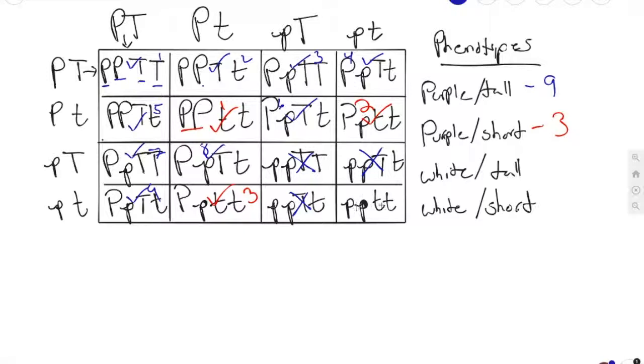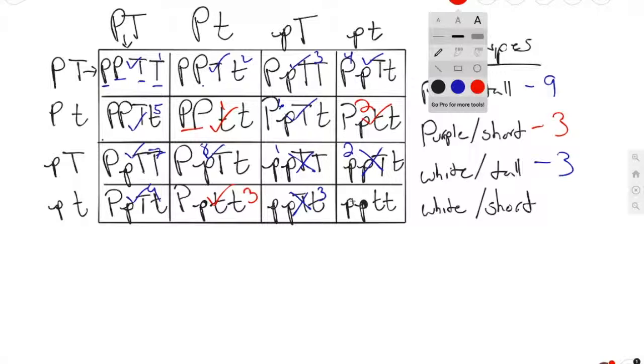And then this last one is short. It's got both little t's. So we're going to count these up. We've got 1, 2, 3. So we should have 3 that are white, little p, and tall. They have at least one big T. All right, and we only have one left, and that one should be white, little p, and short, little t. So we only have one there.